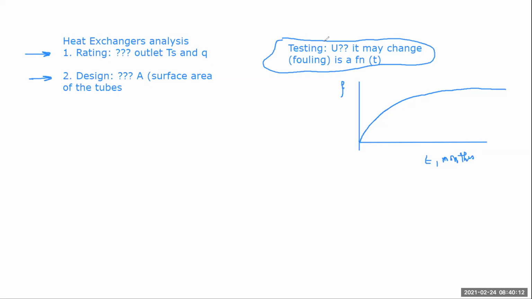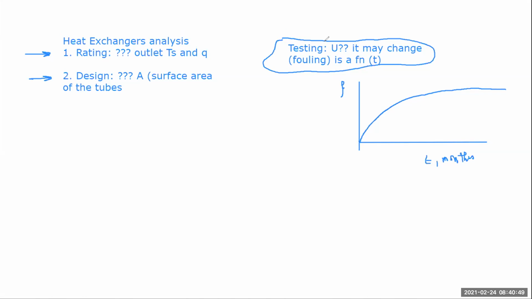And that's why in the design of heat exchangers, in many cases, the designers go for typical values of the fouling factor. For example, it is expected that with this quality of water, the heat exchanger will foul in, say, 12 months. So they take this fouling factor into consideration and they increase the area a little bit more than the needed area, so that you'll find that the heat exchanger, when it is new, is overperforming, so that eventually, as the time passes, its performance matches the design condition.